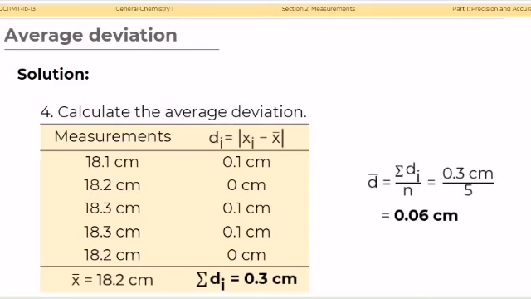Divide the sum by the number of observations, in this case 0.3 centimeters by 5, and we get 0.06 centimeters, the average deviation for the measurements using ruler 1.